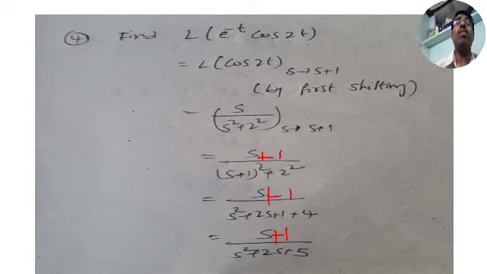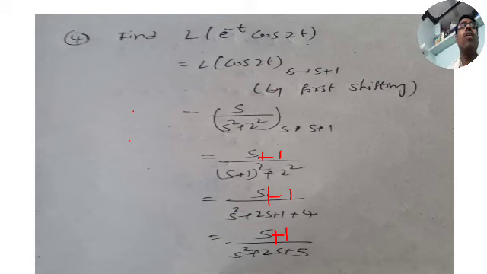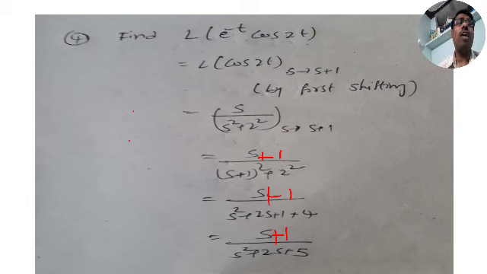If it is multiplied by e power of minus at, then you have to replace s by s plus a. Now e power of minus t means it is L of cos 2t with s replaced by s plus 1. So what is L of cos 2t? Same formula, L of cos at, s by s square plus a square.